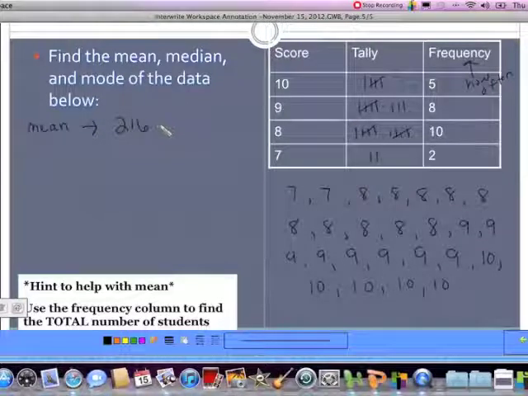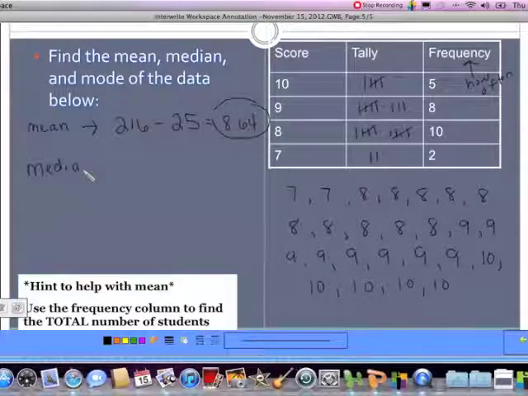We're going to take 216 and we are going to divide by however many numbers there are, which there are 25 numbers in this data set. 216 divided by 25 equals 8.64. So the average or the mean number of goals scored by players during the soccer season is 8.64.